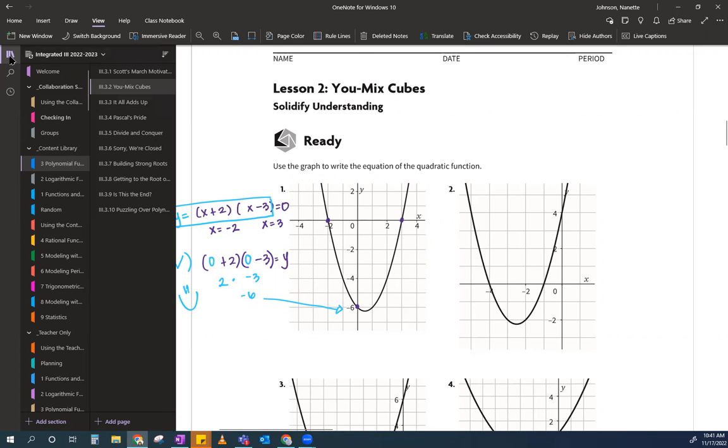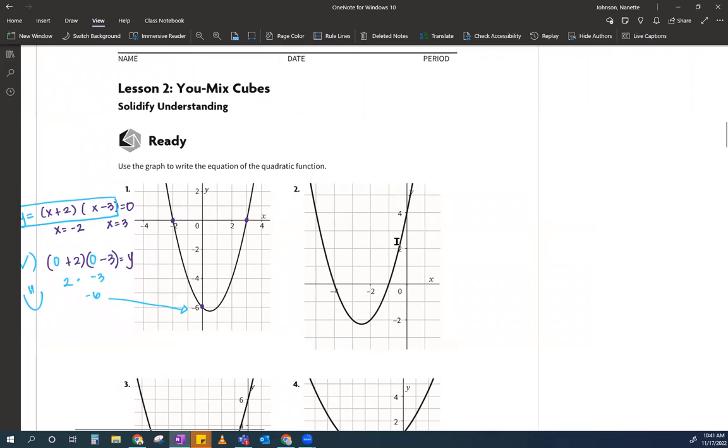Okay, so let's go over your different forms first. The very first form they give me is vertex form. What vertex form is, you can literally look at it and say, boom, there's your vertex.